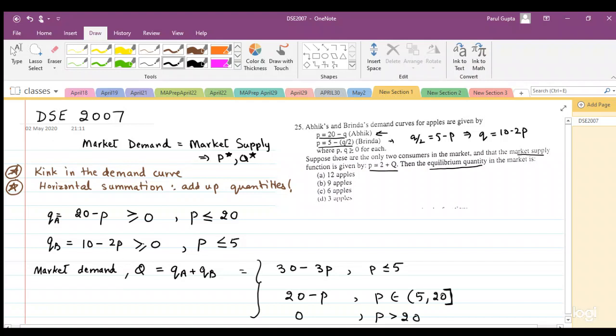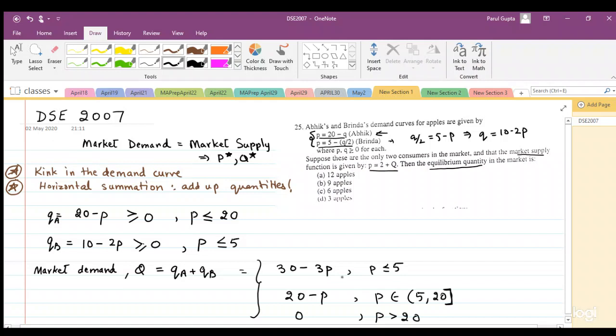Note what I have done here is I have first converted the demand curves into functions of P. I have written the quantities as a function of P, and only then I have proceeded to add the two quantities. We cannot add these equations as they are given to find the market demand curve, because then we wouldn't be summing up quantities, rather we would be summing up the prices.